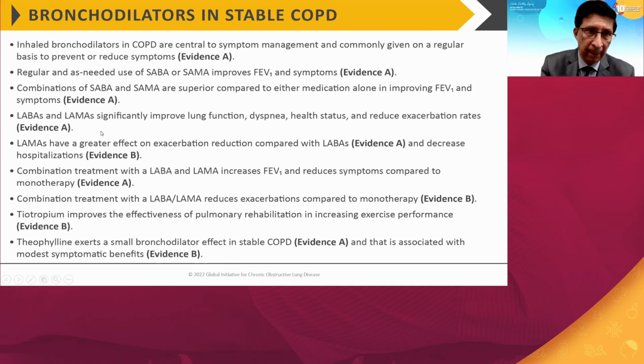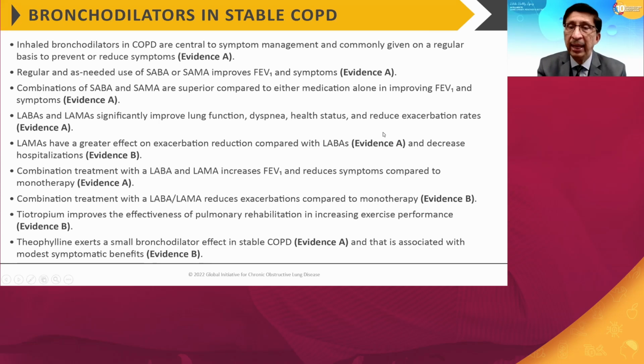And then if you combine a LABA and a LAMA, you are going to improve lung function further, improve dyspnea and health status, and reduce exacerbation rates. LAMAs, remember, have a greater effect on exacerbation reduction compared to LABAs. And there are a lot of randomized controlled trials, too many to mention.